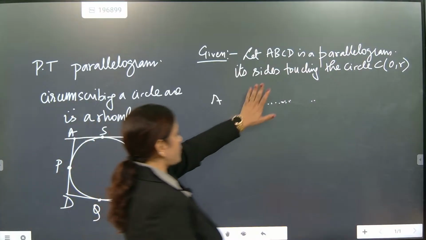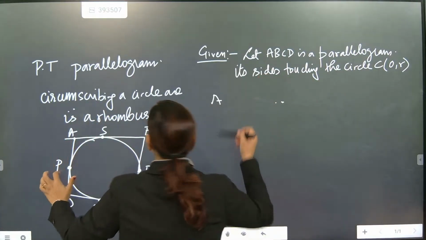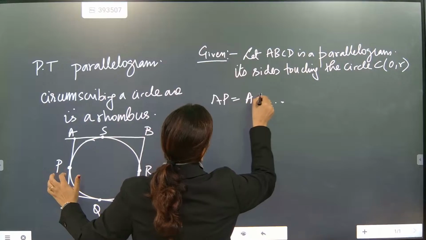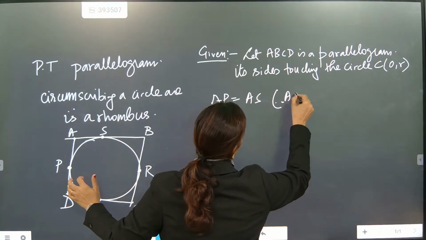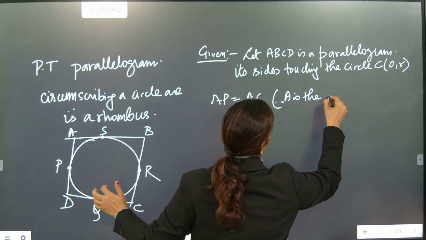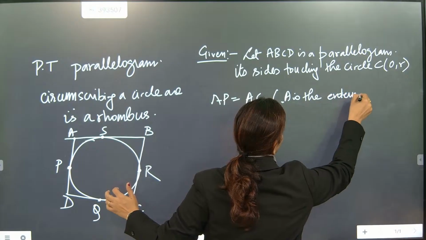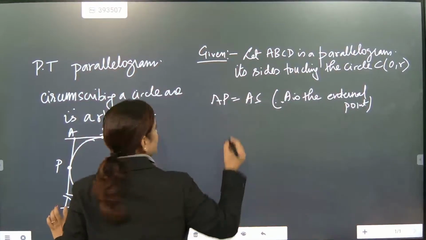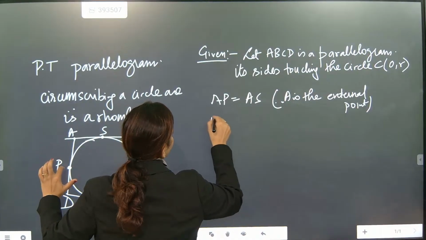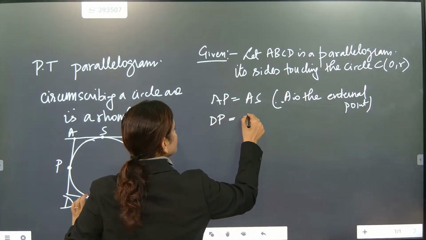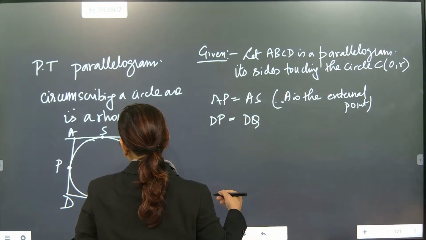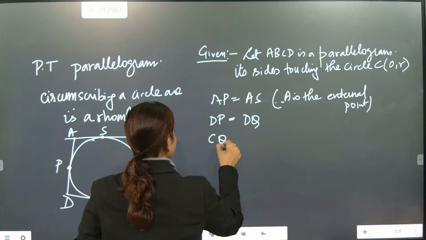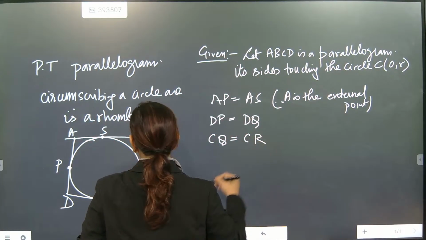A is the external point. A is the external point means AP is equal to AS. Next, what is the external point? D is the external point. So can I write DP is equal to DQ. Now, C is the external point means CQ is equal to CR. Understood?